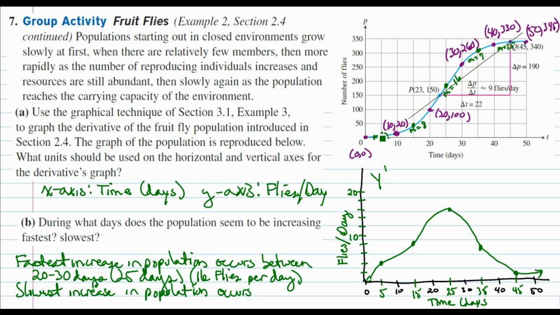We have a slow rise in population as this environment is slowly starting out, and then we also level off towards the end as described in the problem. So the slowest increase in population occurs between maybe days 0 and 10 and 40 and 50. And the estimate is about, let's see, down here is about 2 flies per day, up here is about 1.5 flies per day. So we'll say 1.5 to 2 flies per day.